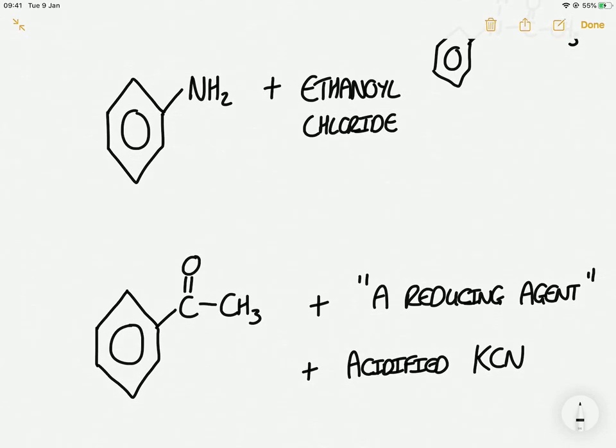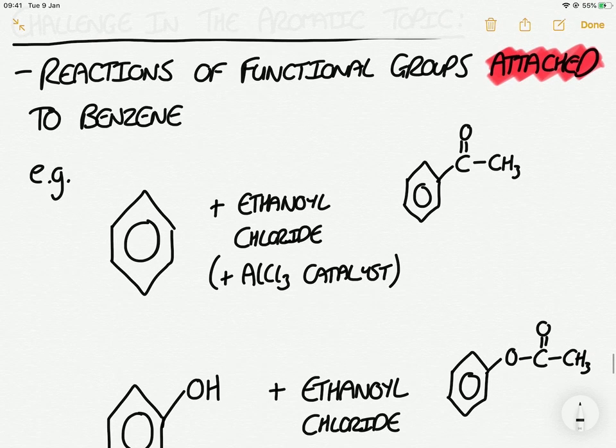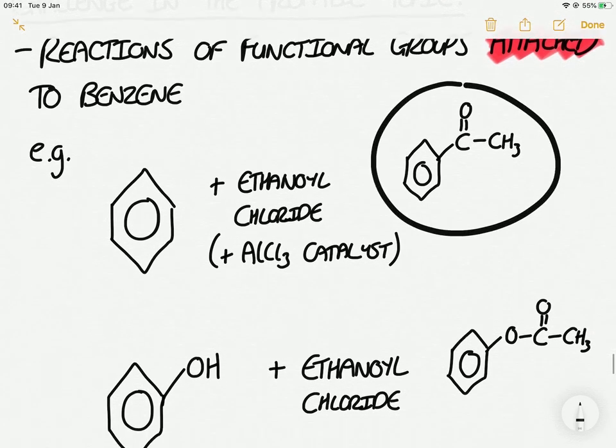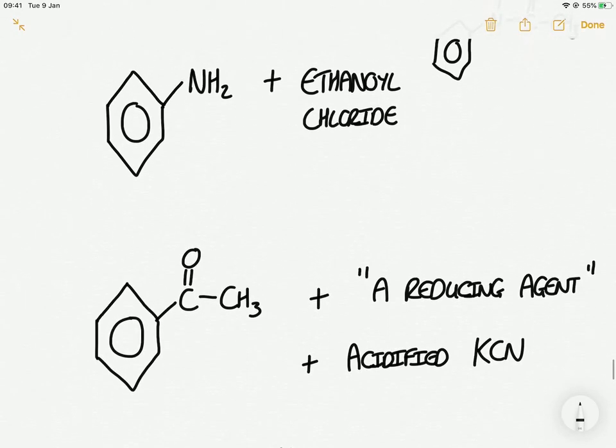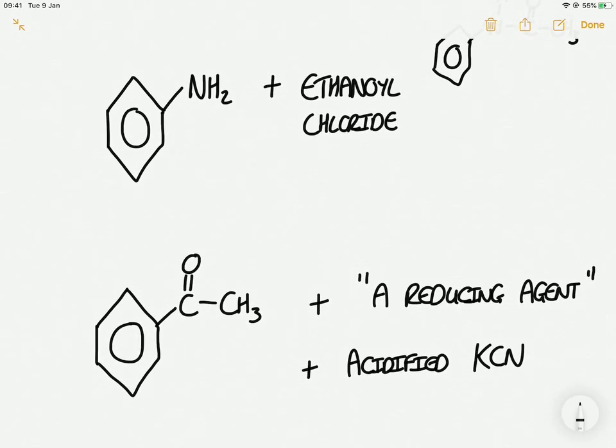What about this? We started with the example of phenylethanone right up here. That's phenylethanone there. What about if you take your phenylethanone and you react it with a reducing agent, which you might have to name? Or what about if you react it with acidified KCN? This, again, is completely ignoring the fact that the benzene ring is there.